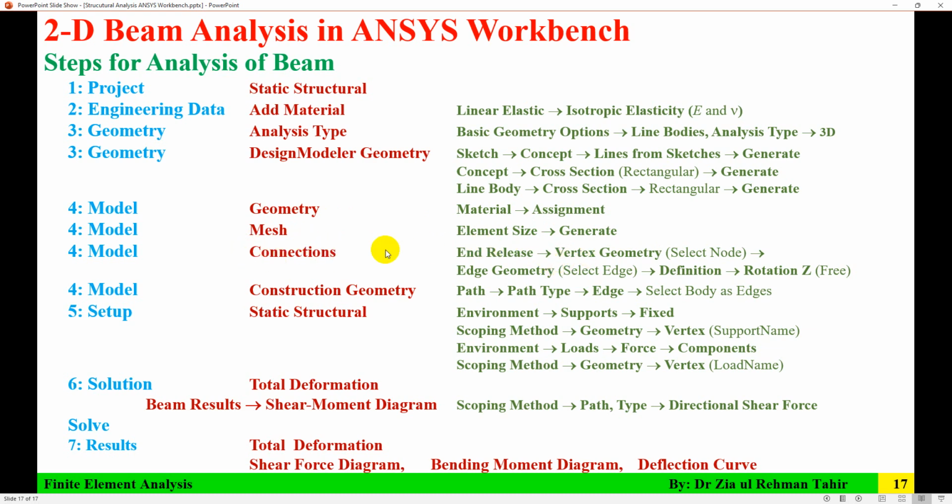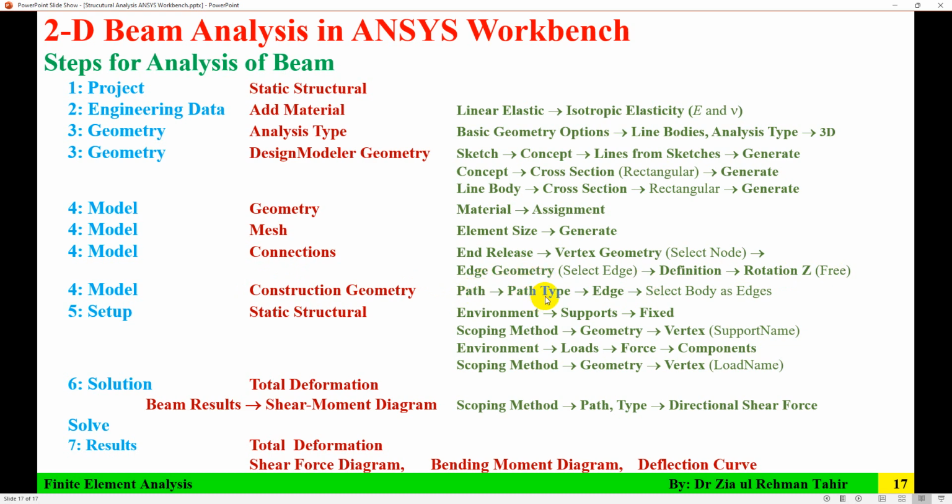To create a hinge, you need to go to connections in the model, then connection release, and in vertex geometry you select the node which you want to release, where you want to generate the hinge. Then select the adjacent edge, and in the definition set rotation about z axis as free. Then to draw the shear force, bending moment, and deflection curve diagrams, you need to create a path.